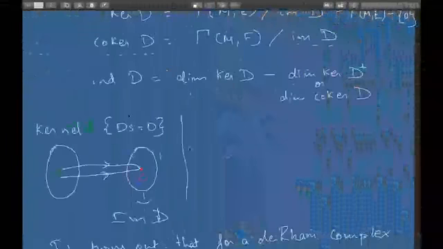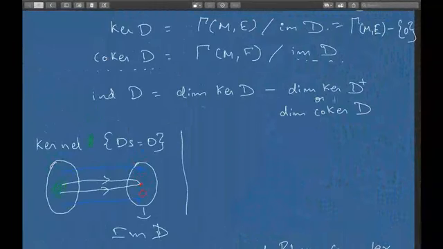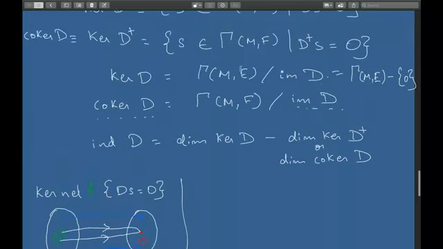Now, how do we measure that index? This looks like an easy enough formula, but unfortunately, finding the kernel of D and the kernel of D star is nothing but solving the equation.